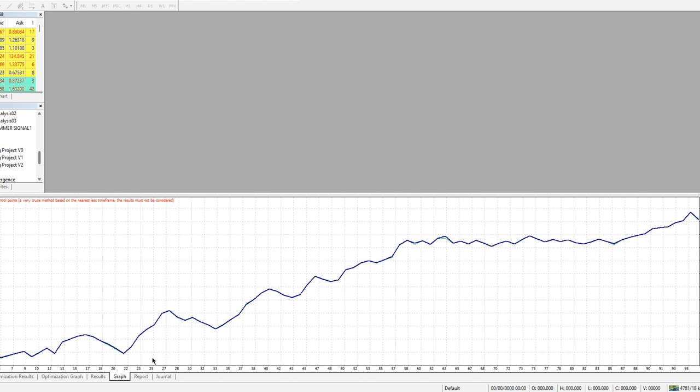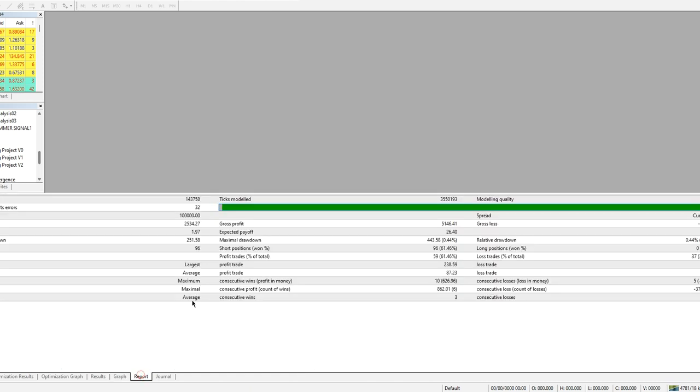So in the long term, it's not possible to optimize this strategy, at least alone, for having good profit. But still here you have the drawdown of 400 and the profit of 2,500 and the profit factor of almost 2. So still it's a good strategy for me if you want to mix it with the other ones. And the success rate of 60% with the profit which is a bit higher than the loss.